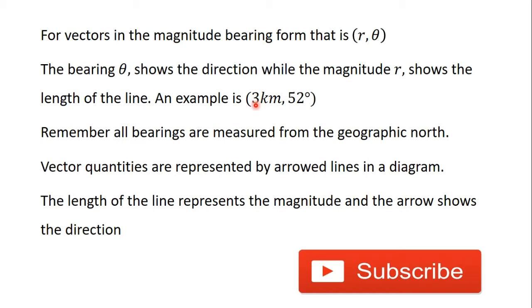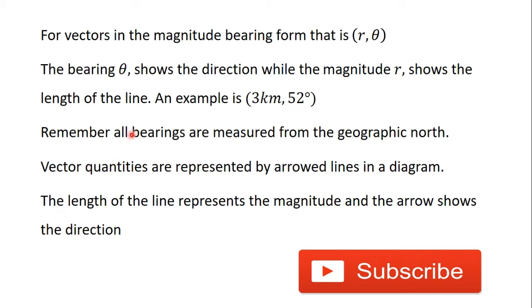The magnitude, or the length of the line, is 3 kilometers, and 52 degrees represents the bearing or the direction. So you draw a bearing of 52 degrees, then indicate the length of the line, 3 kilometers, on the line that you draw. Once again, we are going to take more examples on this, so you are going to get it very well.